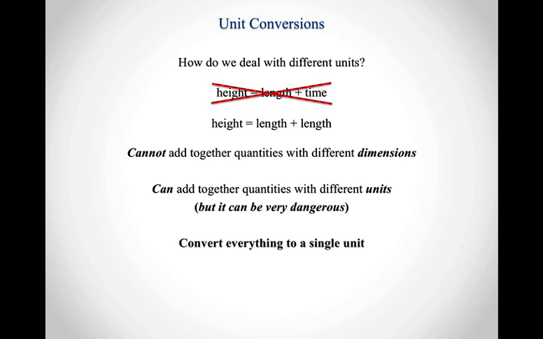So the thing that we're going to do is convert everything to a single unit. Now that we have our quantity in a single unit, it becomes much easier to use mathematically without worrying about making mistakes. So we need to be really good at putting things together and going from one unit to another.